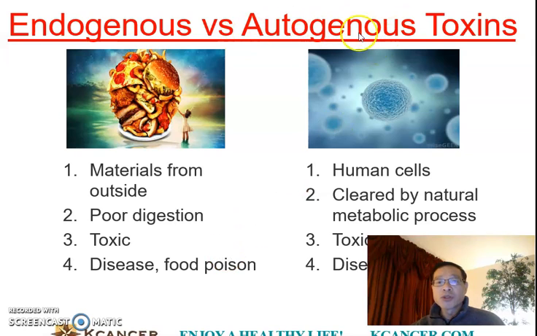And the autogenous toxin is actually toxin created by normal human cells. We know that all cells will die sooner or later and will be regenerated by fresh cells. For example, red blood cells have a lifespan of about 120 days. So these cells need to be cleared by the natural metabolic process.